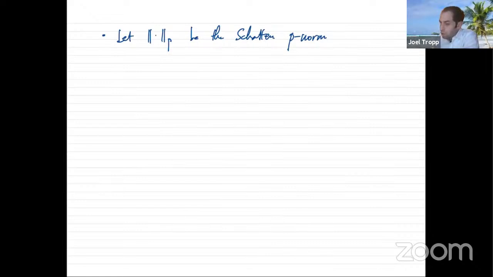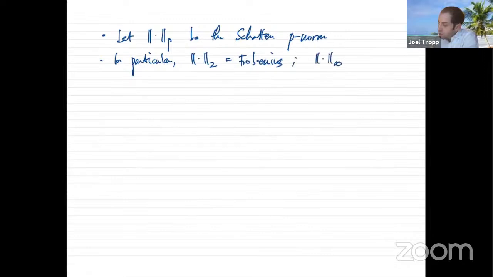So in particular, Schatten 2 is the Frobenius norm, and Schatten infinity is the L2 operator norm.